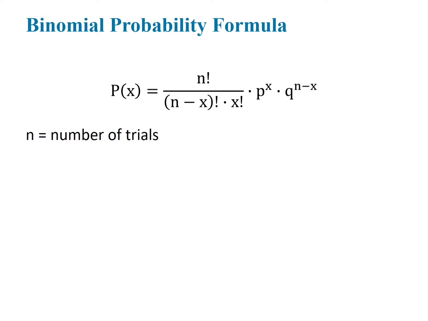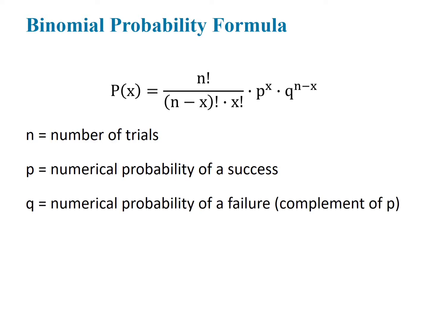So what does n mean? N means number of trials, as always. N is usually the sample size, or the number of trials. P is the numerical probability of success. So when I ask what is the probability of getting heads, the probability of getting heads is 0.5, so my p would be 0.5. My q is the complement of my p. If p was, say, 20%, then q would be 80%.